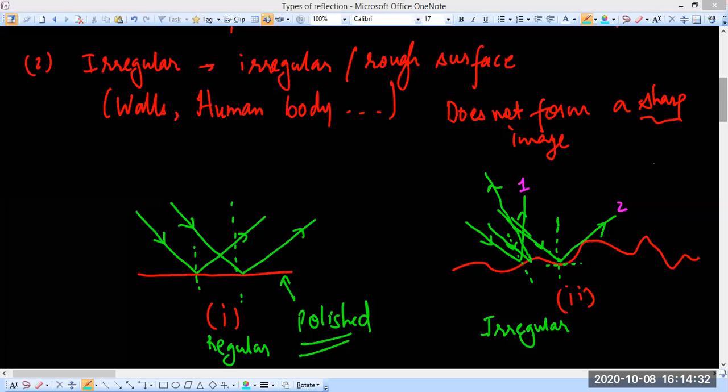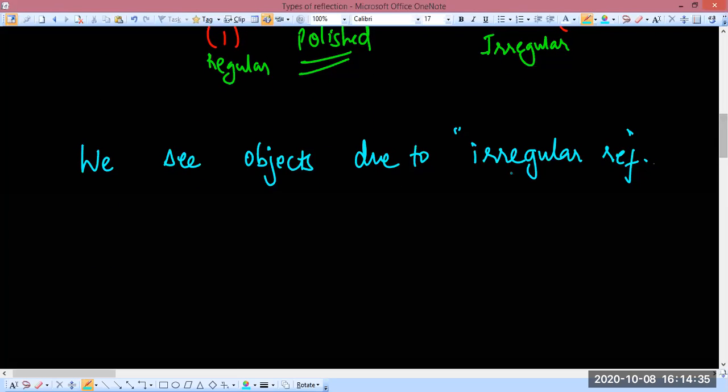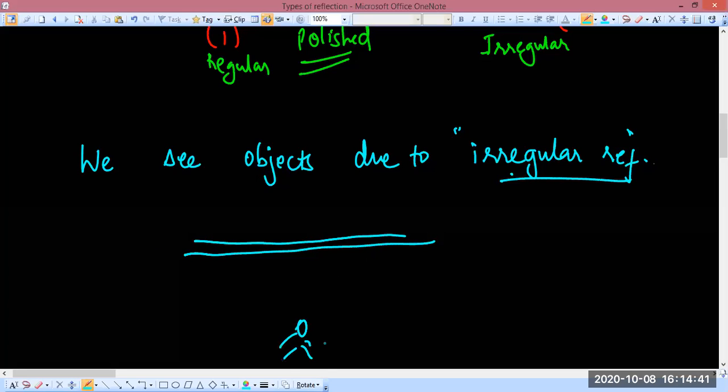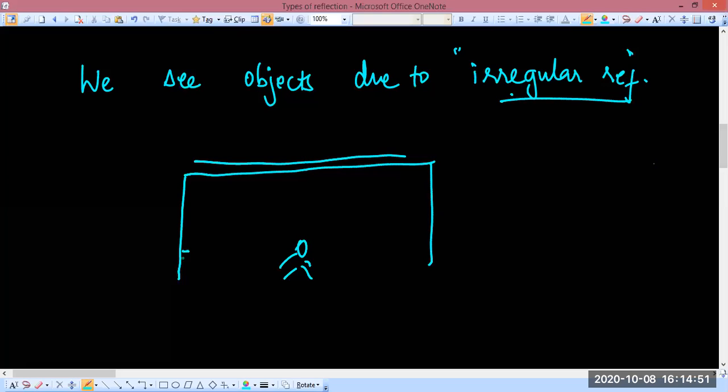So I was saying that we can see objects due to irregular reflection because if you think of the wall in front of you, let's say this is the wall. Suppose in your room every window is closed and there's no light coming from elsewhere. Let's say this is your entire room, and you keep a bulb or a tube light here. Then you can see the entire wall, correct?